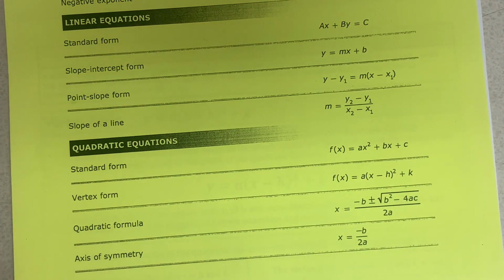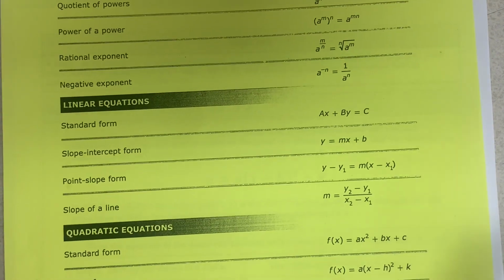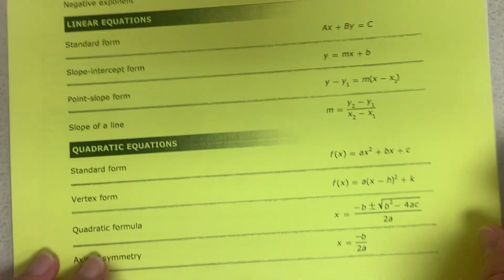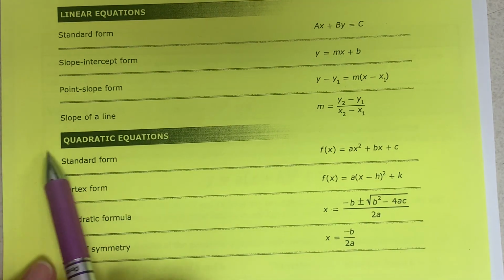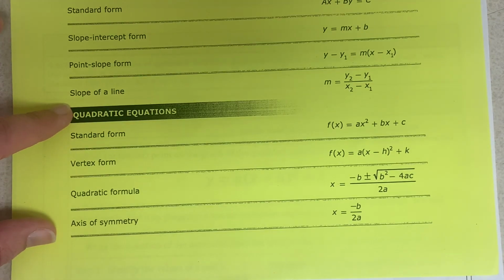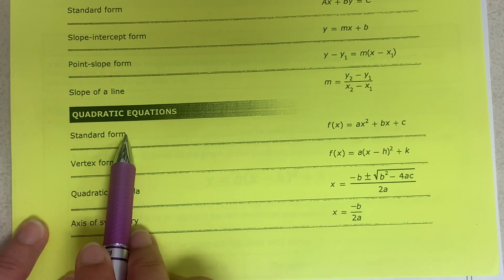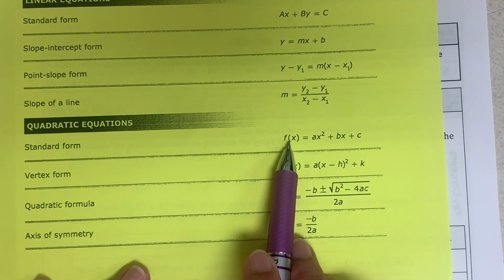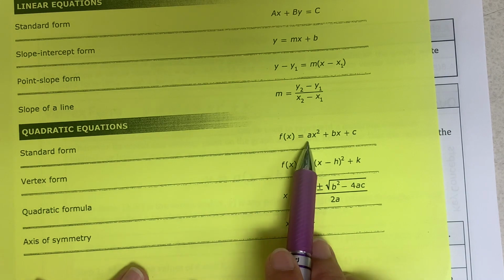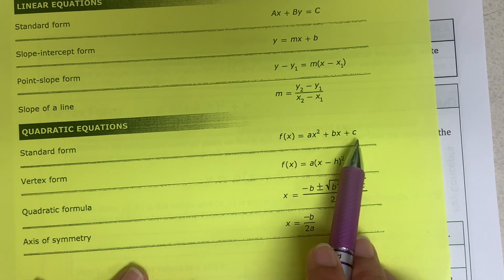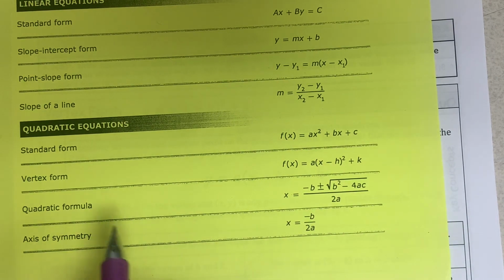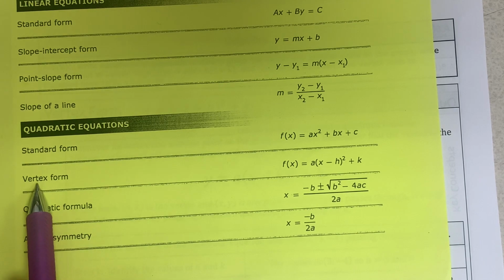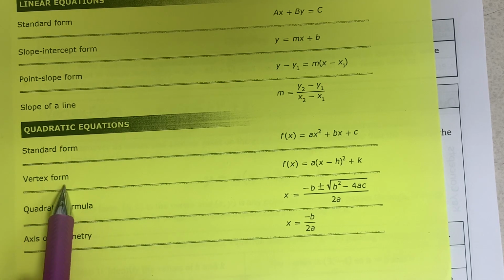Also, you will be needing your reference chart for sure so that you can know the equation. This section at the bottom is quadratic equations. You have standard form, which is f of x or y equals ax squared plus bx plus c. And then you have a vertex form.